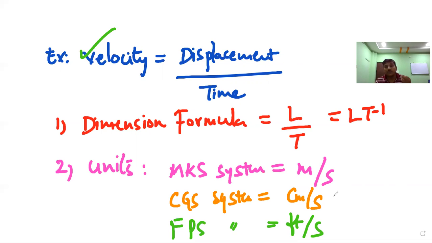Means if you want to find out the units of any physical quantity, first you should know the definition, then the dimension formula in the fundamental quantities, then you can write its units in the required system of units.